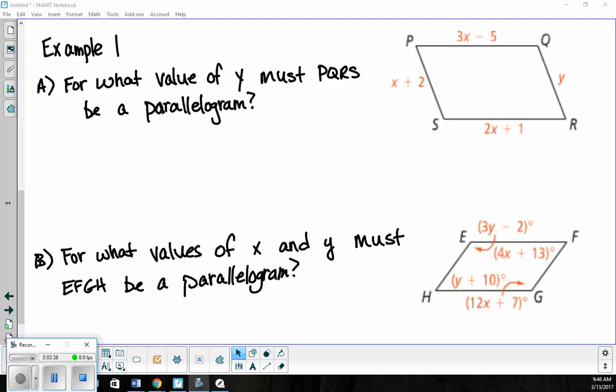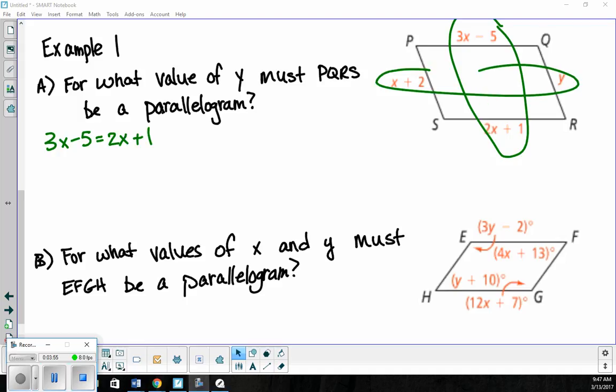So in order for that to be a parallelogram, we would have those two opposite sides congruent, and we would have these two opposite sides congruent. Now, the left-hand equation, 3x minus 5 equals 2x plus 1, is solvable right now.